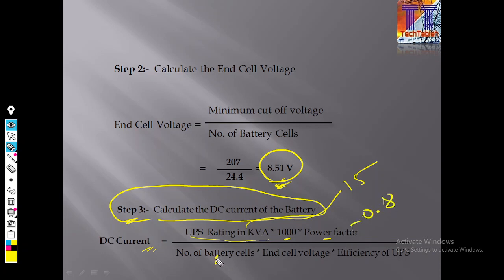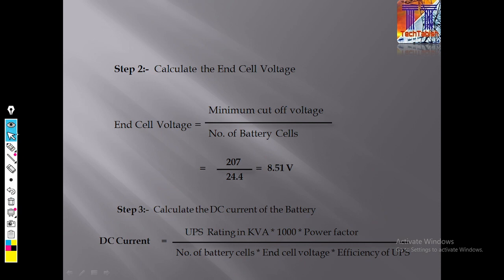The number of battery cells is 24.4, the end cell voltage we calculated in this slide is 8.51, and for the efficiency of the UPS we have already taken 78%, so 0.78. We have to put all the data here for DC current.